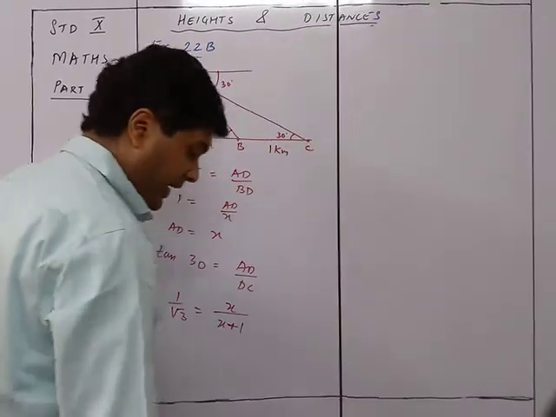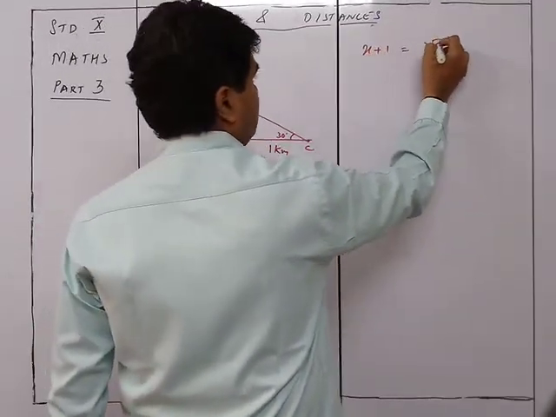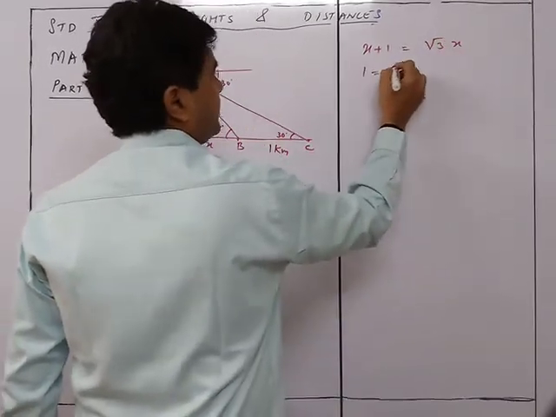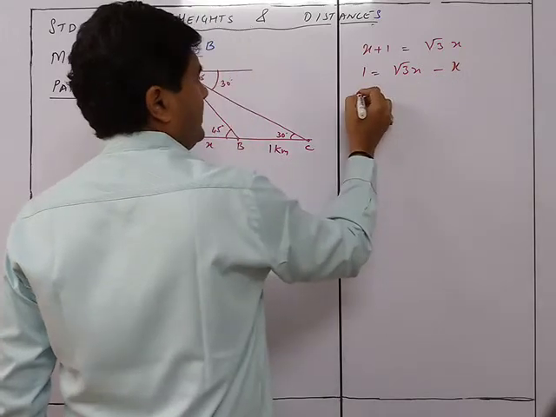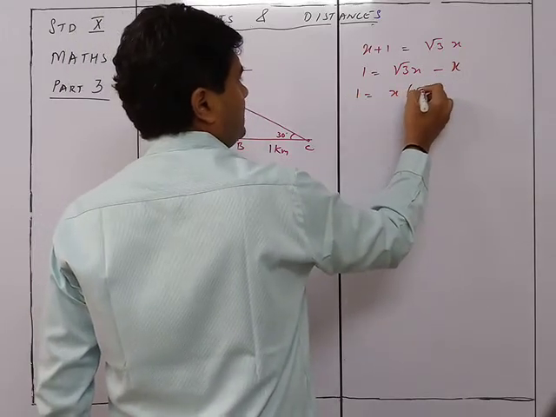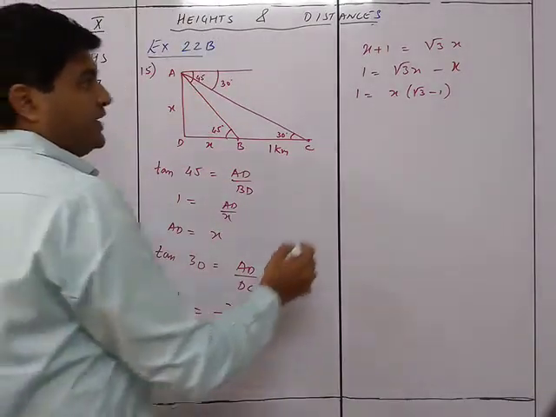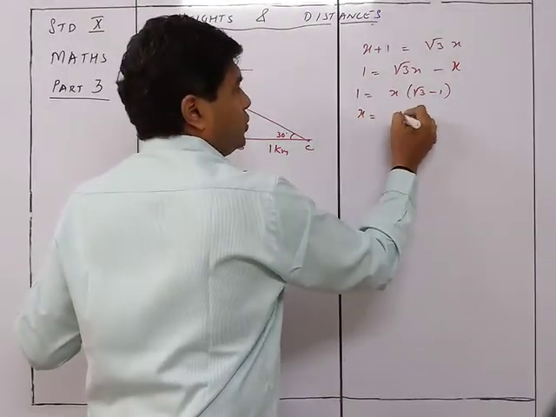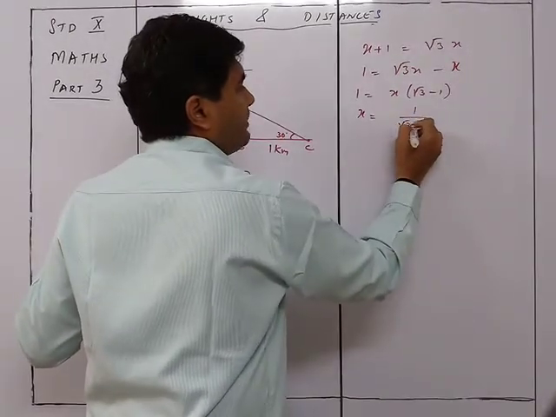Accordingly, cross multiply. You get x plus 1 is equal to root 3 x. So 1 is equal to root 3 x minus x. That will be 1 is equal to x into root 3 minus 1. Therefore x is equal to 1 upon root 3 minus 1.